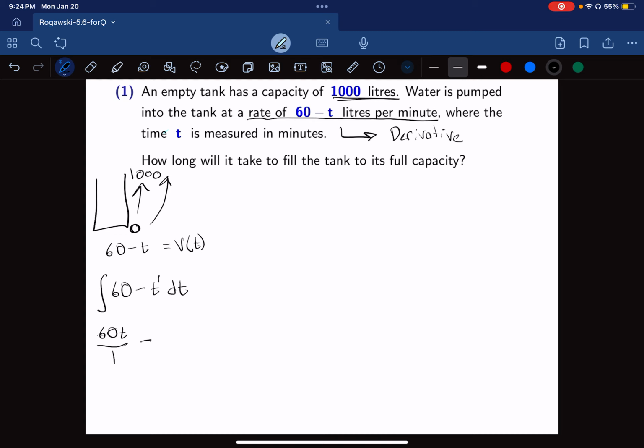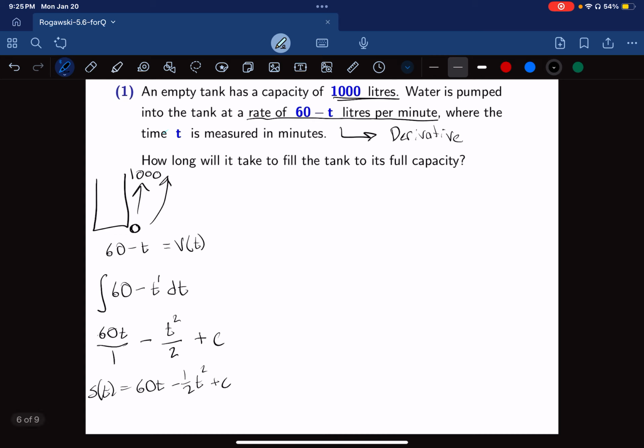So we're going to simply add 1 to that and divide by this 1 plus 1. So this turns into t squared over 2 because we have 1 plus 1. And then finally plus c because we have no idea what constant may have been added to the end of this equation. This can simply be rewritten as 60t minus 1/2 t squared plus c.